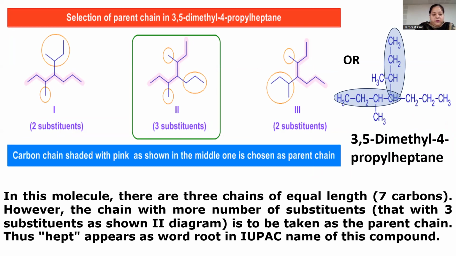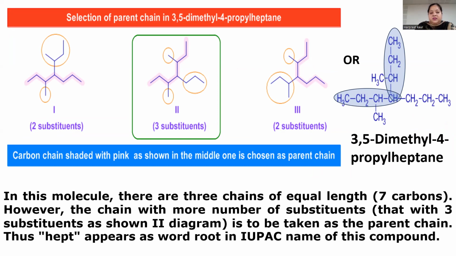In the first compound, of the 2 substituents which are circled, the lower one is with 1 carbon atom, that is methyl, and the upper one is butyl. And as the butyl is bonded with its middle carbon atom, it is secondary butyl. We take a chain of 7 carbon atoms, 2 substituents, one is butyl, another is methyl.